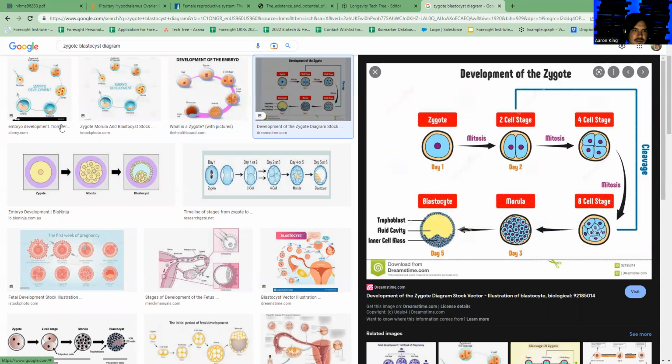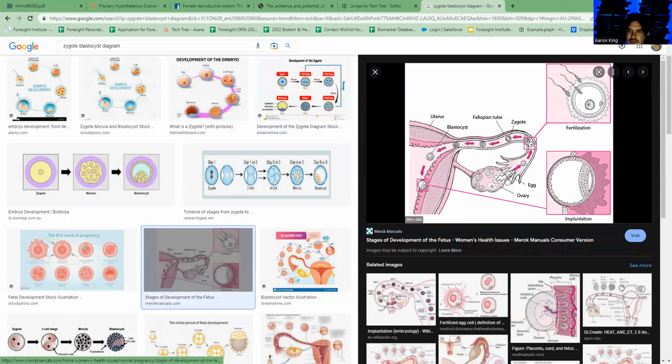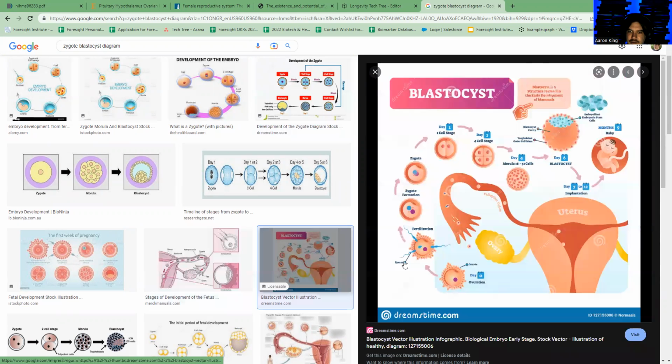Okay. So what happens before it becomes a zygote? So it's ovary, oocyte.